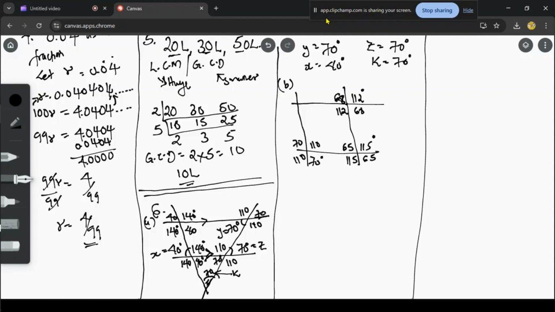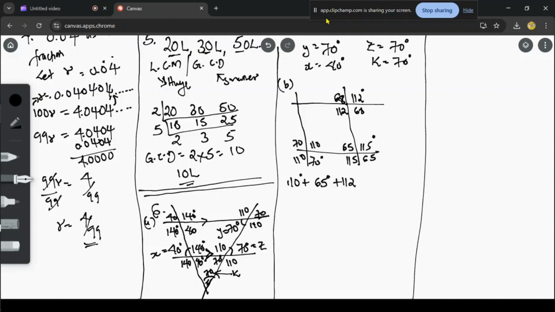But this is a quadrilateral, and the angles on a quadrilateral are supposed to add up to 360. So I'll come and say 110 degrees plus 65 degrees plus 112.